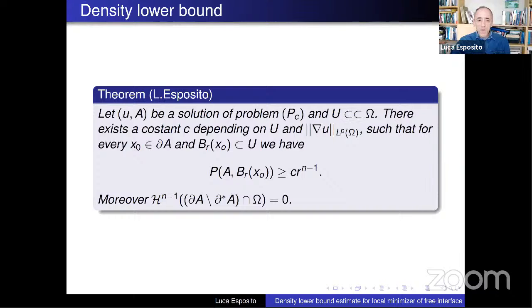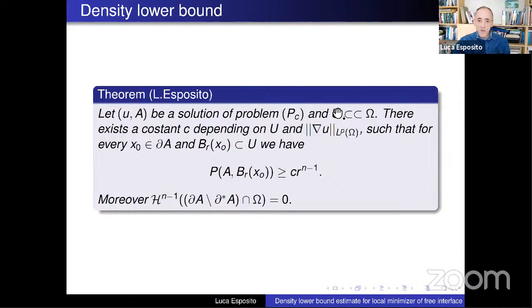And you can prove this because I am able to prove that for the solution of the constrained problem, the density, and so you can see the reason of the title, you have a density lower bound for the perimeter.